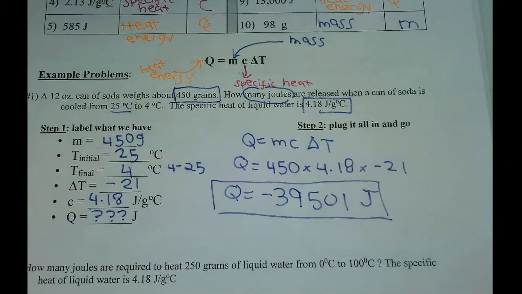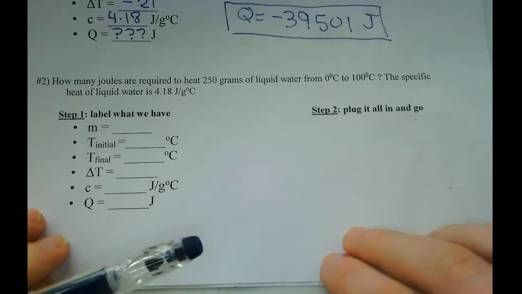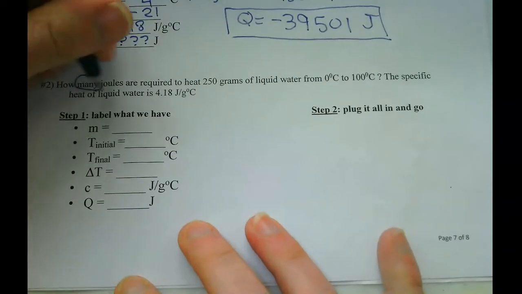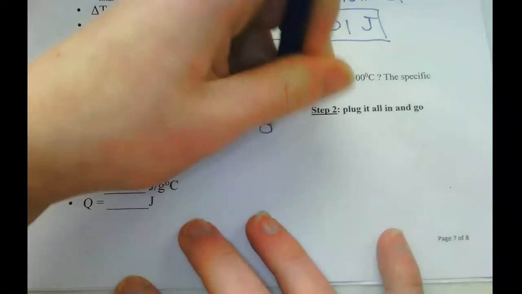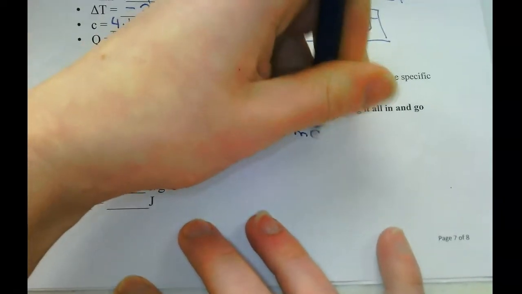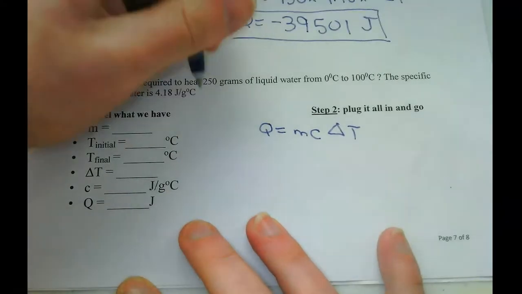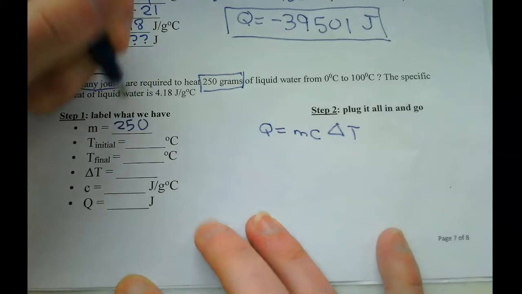Okay, let's do another example. I like to box and circle. How many joules? Once again, we're solving for Q. We don't have Q. Q is equal to mc delta T. We've got a given of 250 grams, a mass of 250.